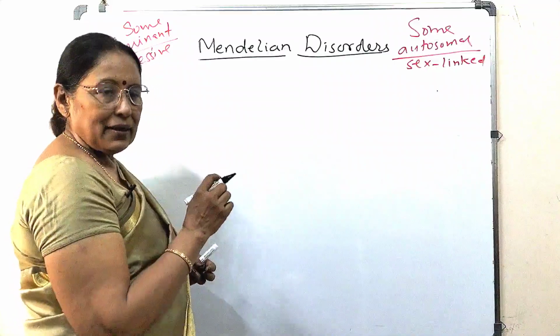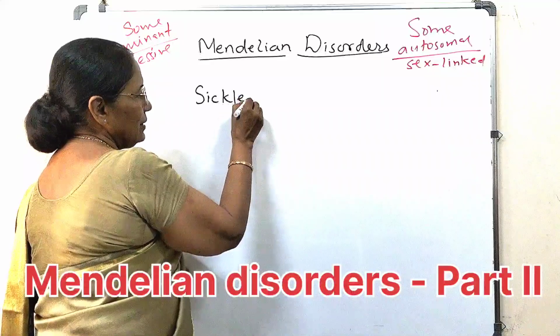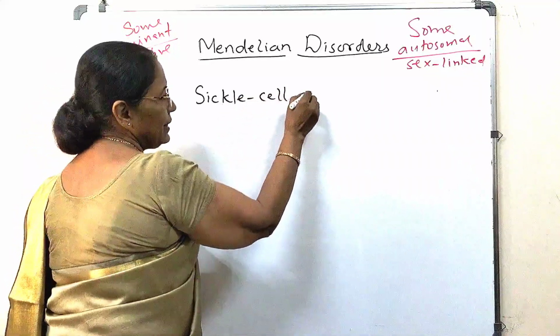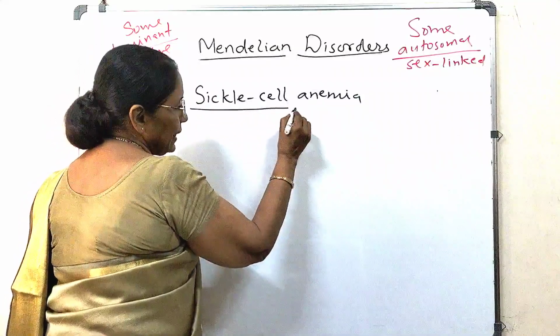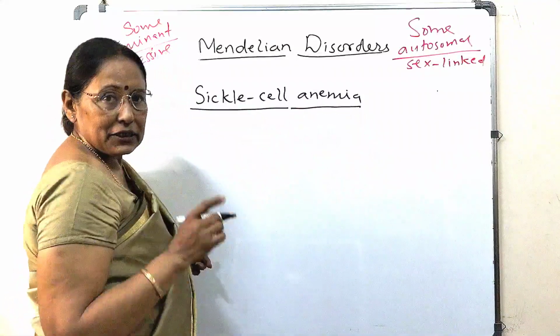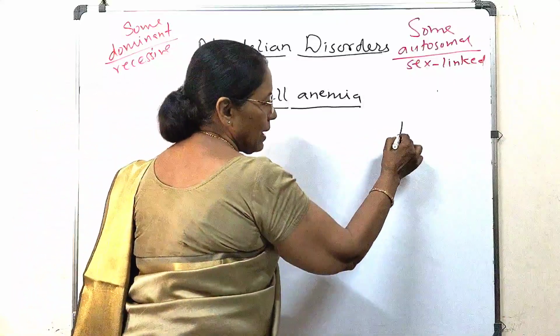Now, let us see sickle cell anemia. Sickle cell anemia. नाम से क्या लगता है आपको, क्या है ये डिजीज? The shape of red blood cells in human beings is biconcave.